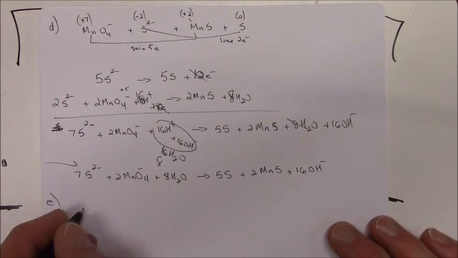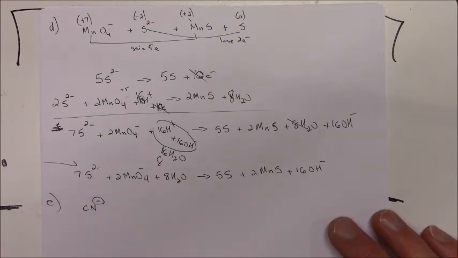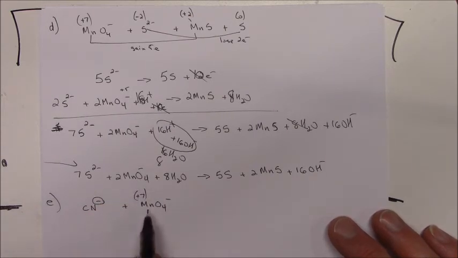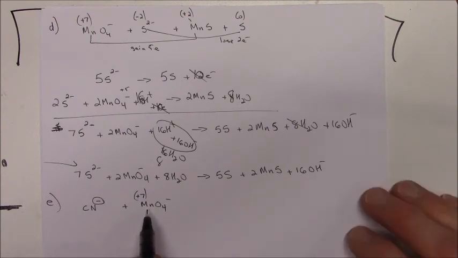And last but not least, cyanide plus MnO4 minus, which we've done this to death. So we know that manganese is going to be a plus 7.